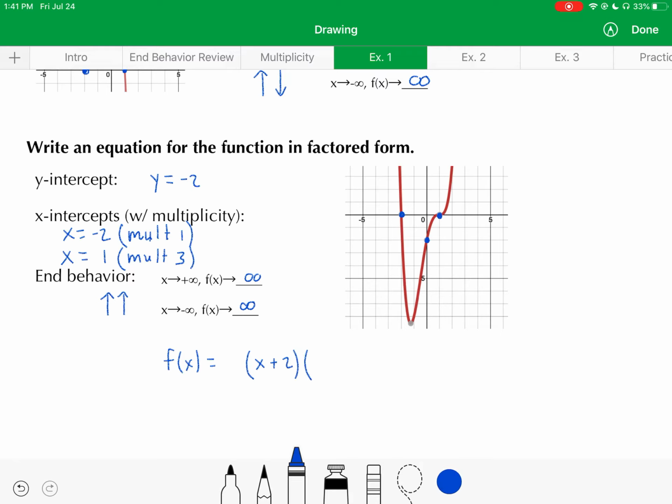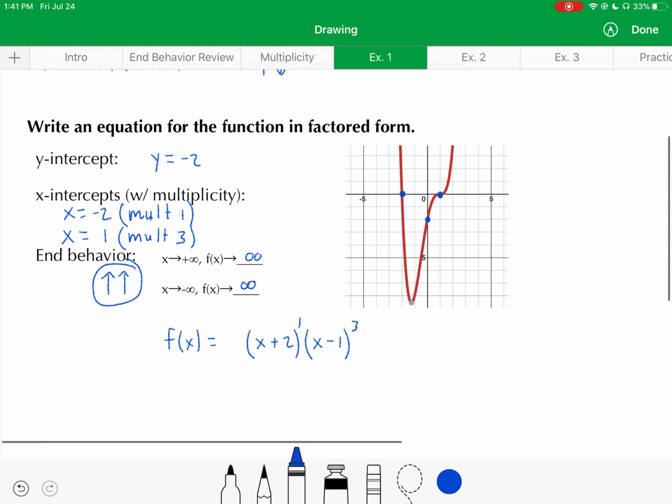My x-intercept of 1 means x minus 1 should be a factor, and it should have a power of 3 on it, okay? And notice if you add the powers up on those factors of 1 and 3, you get a total of 4, which means the degree of this function is 4, and that matches the fact that the end behavior is heading in the same direction on both ends, okay?